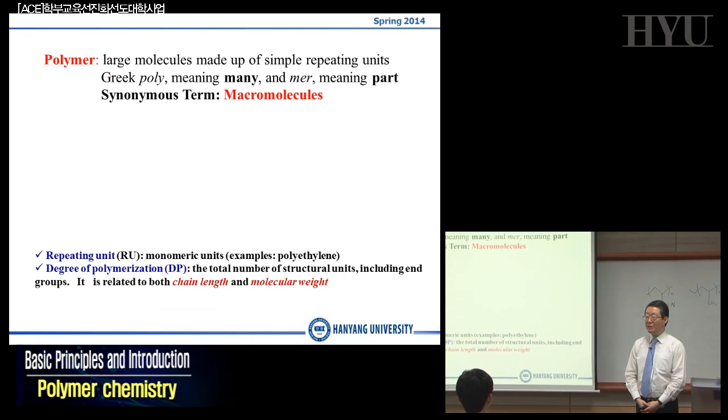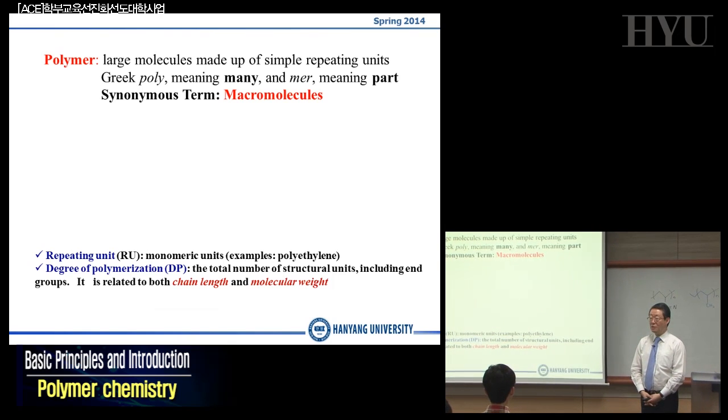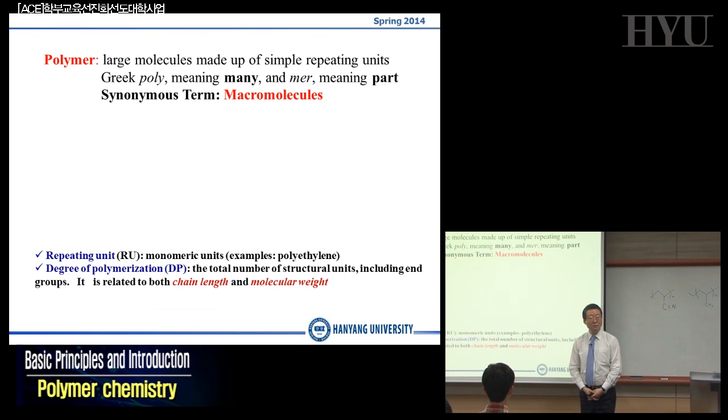Macro means big. It sounds like a big molecule, which is understandable because it is much bigger than the monomer molecules. So macromolecules and polymer are the same.